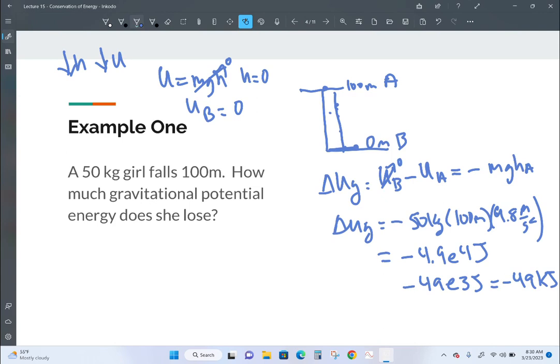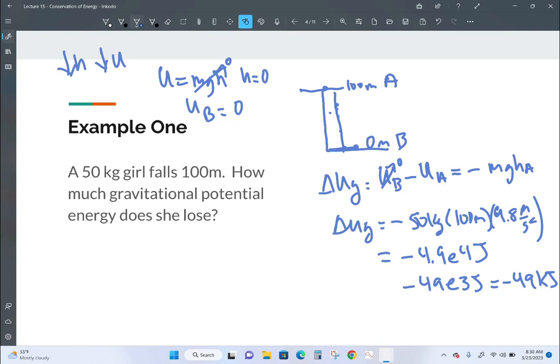So ask yourself, we don't just lose energy, it has to turn into something. Well, the gravitational force is doing work on this, right? It's causing a transfer of one energy into another. And as she loses height, and she loses that 49 kilojoules of potential energy, she is gaining that amount of kinetic energy.